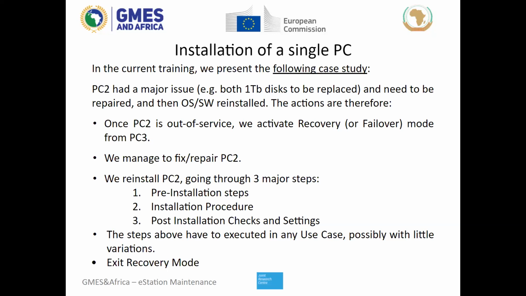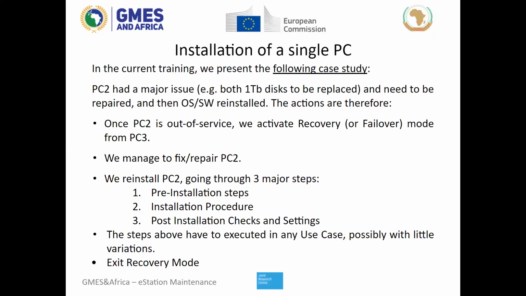So we will see what is the RAID 1 configuration if you are not familiar with those terms. So there are two different hard disks which have the same content. So they are 1 terabyte hard disks, which are identical, and then also they are mirrored to have the same content.